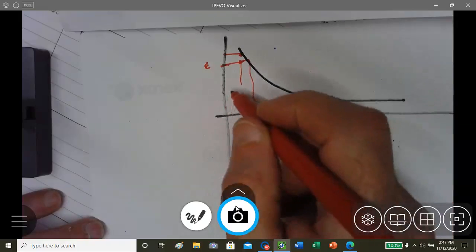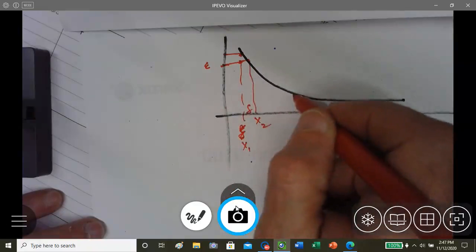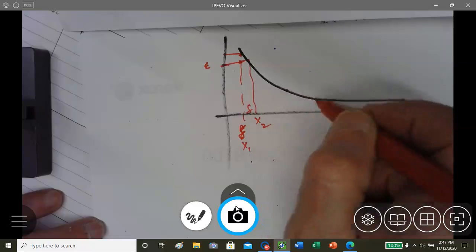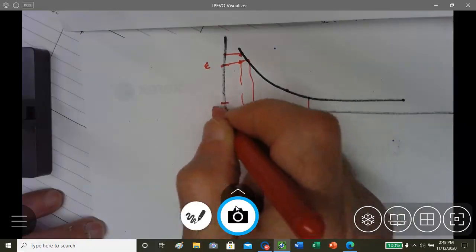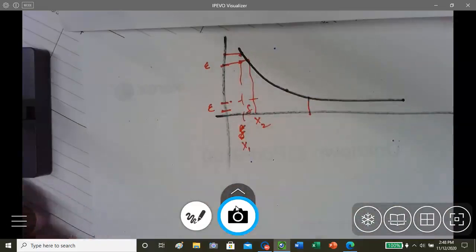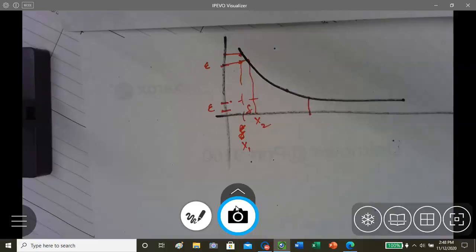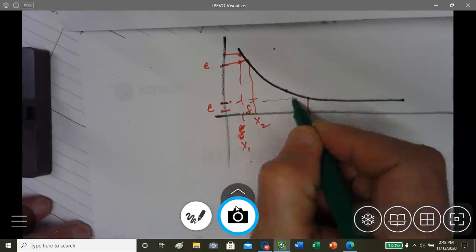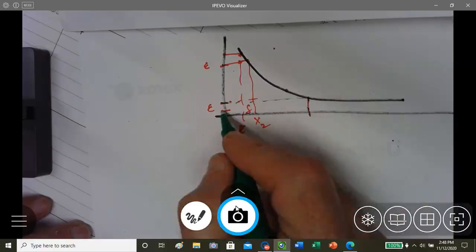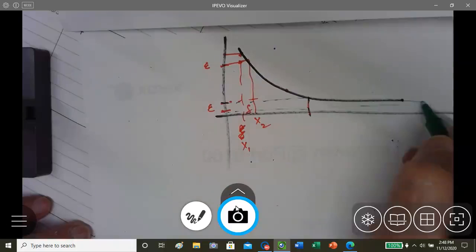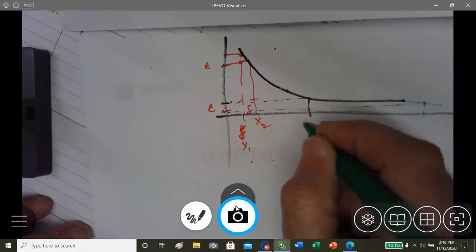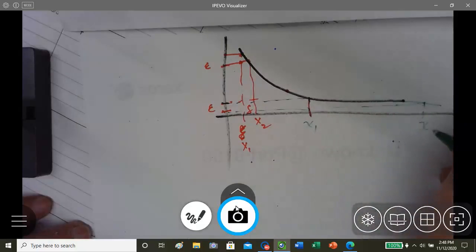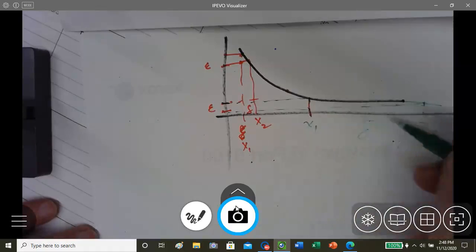Now if we look further on down, like about here, here's the same epsilon, but let me use that in green this time. And this goes down to here. And so now we have an x1 and an x2, but our delta is much different.